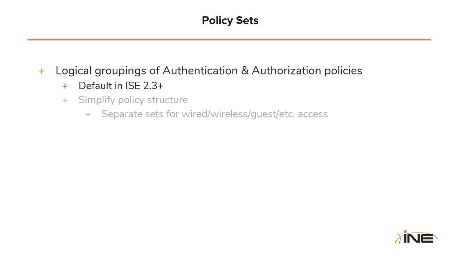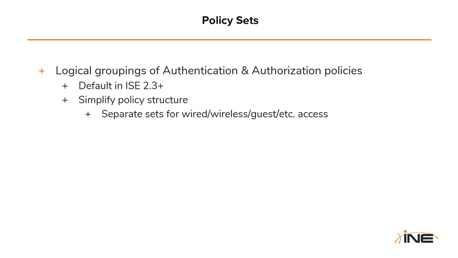Okay, so the purpose of tying authentication and authorization policies together into a policy set is just to simplify the policy structure. If you think about those older versions of ISE and one authentication, one authorization policy, the more rules you were adding to those policies, the less readable they became.